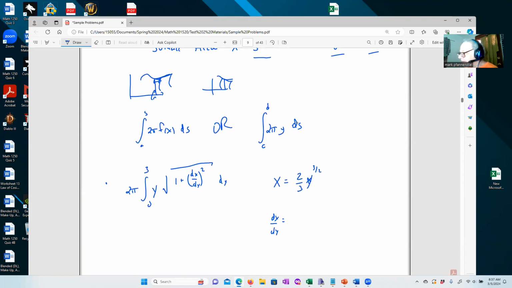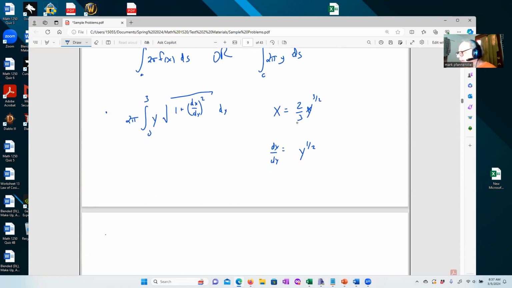I know it's weird to write that, but the 3/2 comes down in front, cancels with the 2/3, and we end up with y to the 1/2. Now we have to square this thing, which is just going to be y, and then we add 1 to it. So my surface area, my ds, is equal to the square root of 1 plus y.